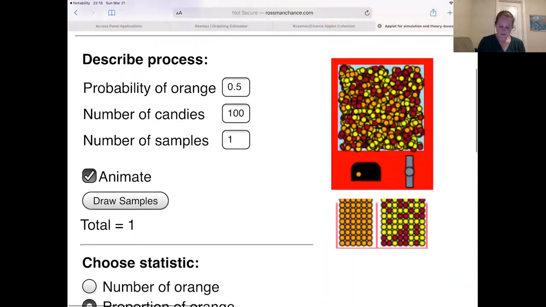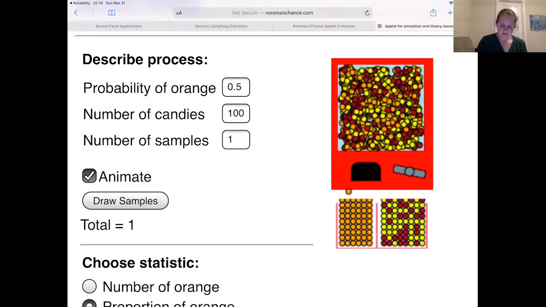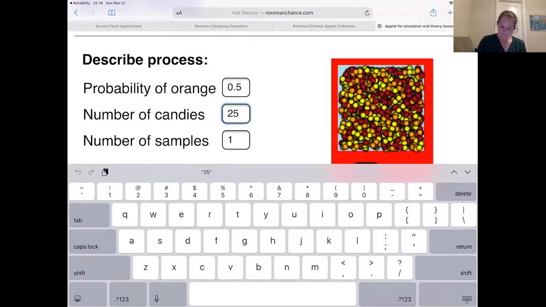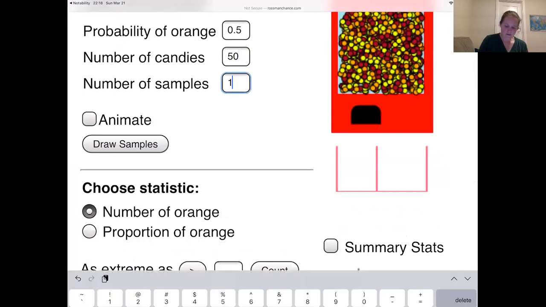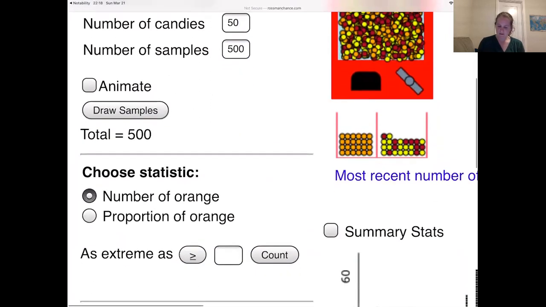We seem to be having some difficulties here. Let me refresh this page. Let's do samples of size 50. And then I'm going to turn off the animation feature, and let's just jump straight to drawing 500 of these samples.